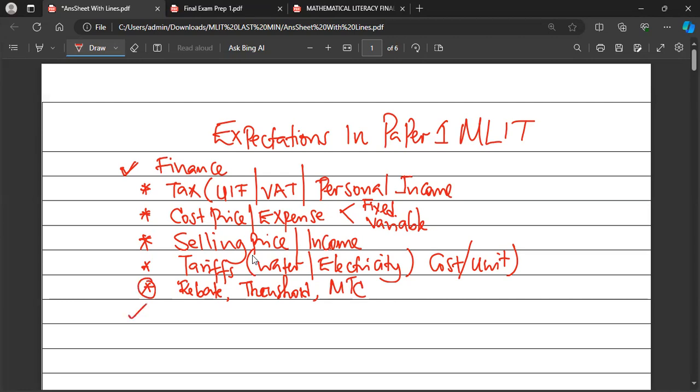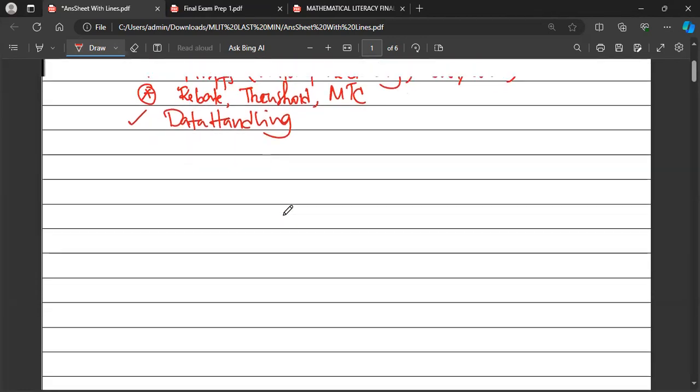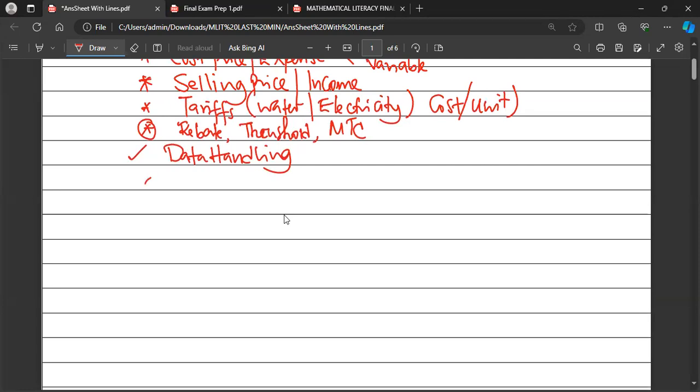Then, having looked at finance, the other thing we shall expect is data handling. Under data handling, we expect you to look at data collection. How do we collect data? Number two, we expect you to organize the data.